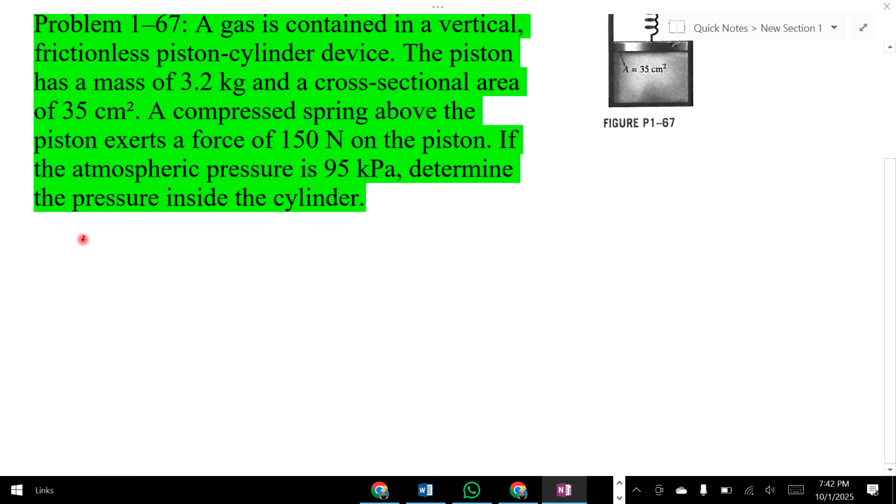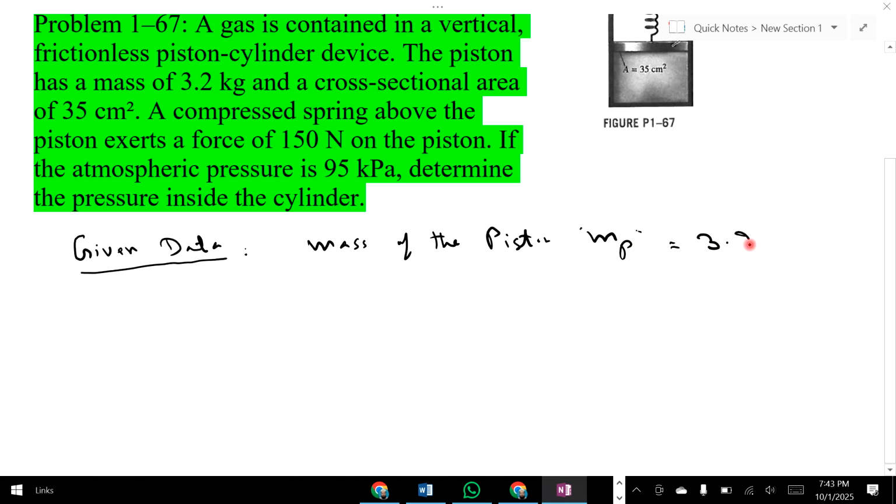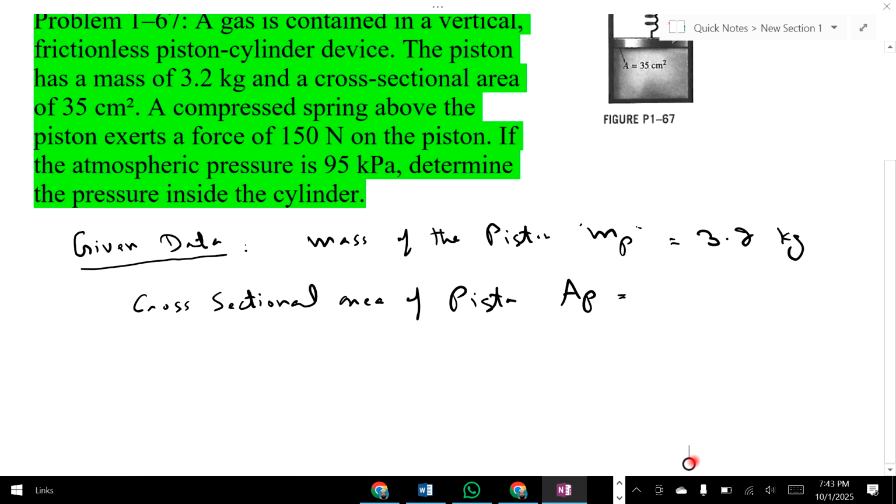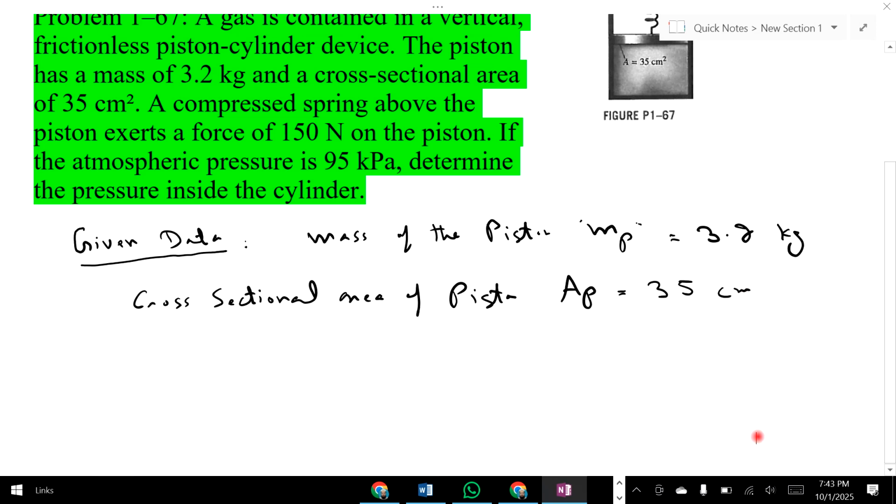So first I write the given data. The mass of the piston, MP, is equal to 3.2 kilogram, and the cross sectional area of the piston is equal to 35 square centimeter, and convert this to square meter.